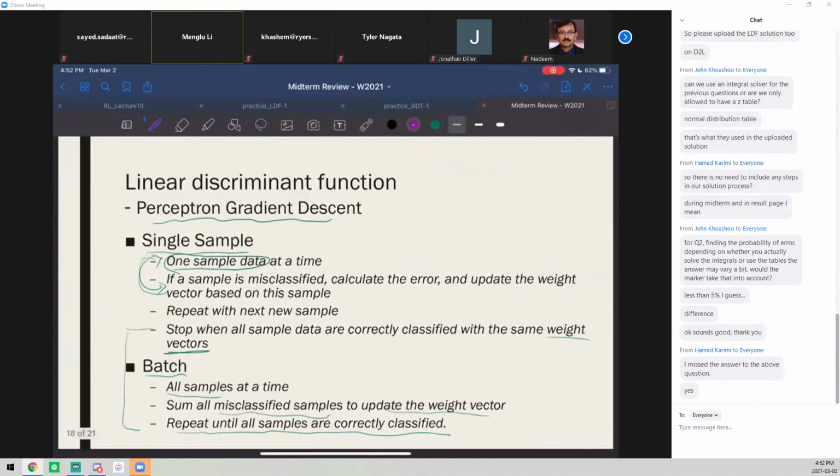Because we say it stops when all data are correctly classified, whether single or batch.